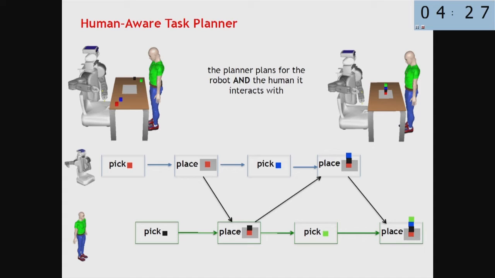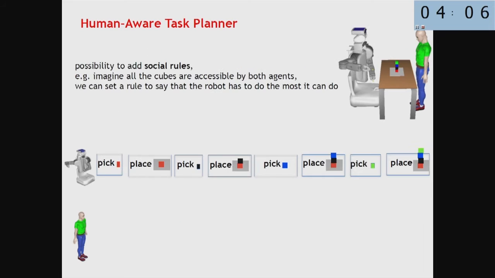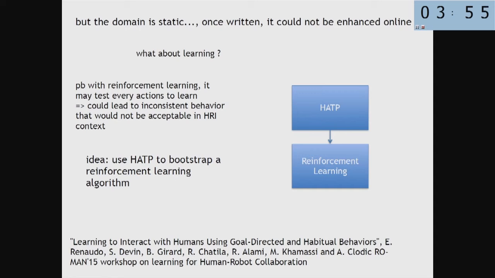So for example, we have this kind of plan from this planner for our example where the robot picks and places the red cube, then the human picks the black one, then the robot the blue one, and then back to the green one. And we can have also other possibilities with social rules saying that perhaps the robot can do everything, etc. But we can say that this domain is static. So once written, it couldn't be enhanced online.